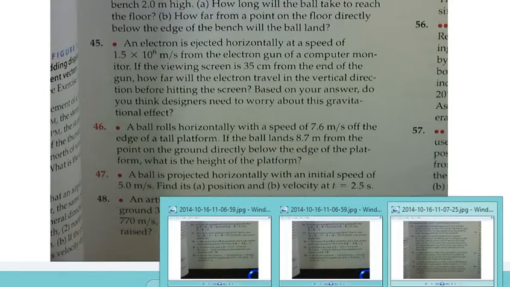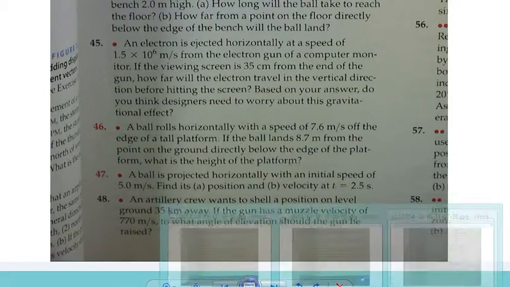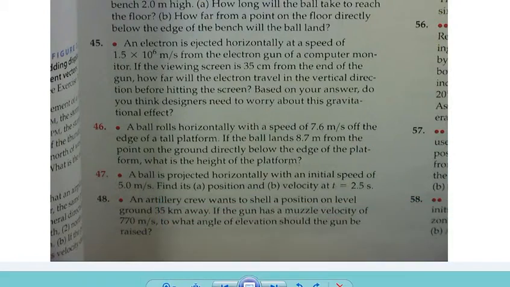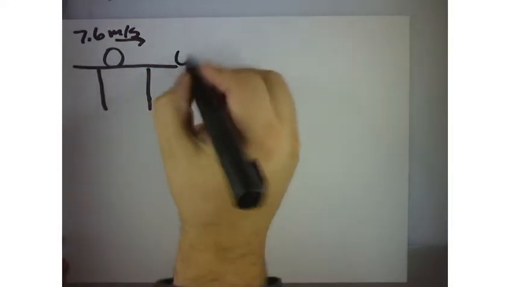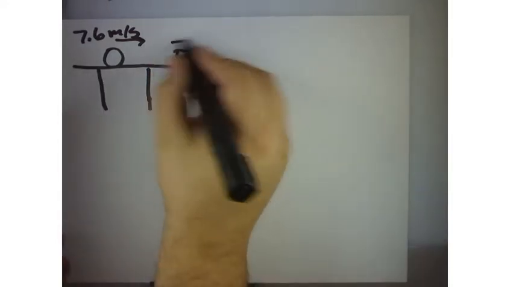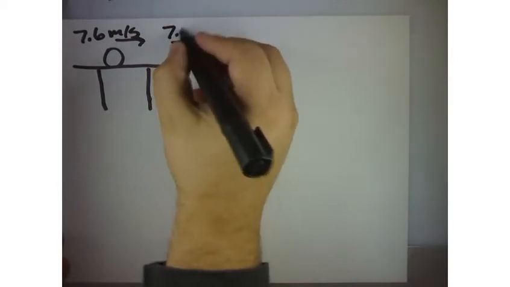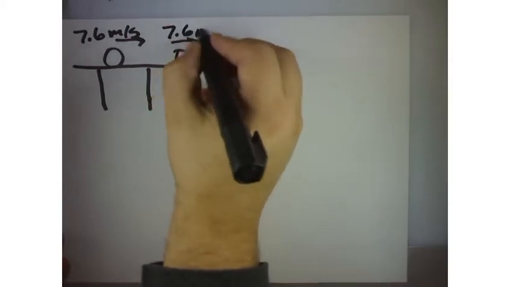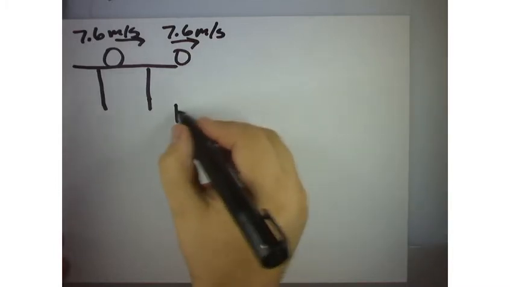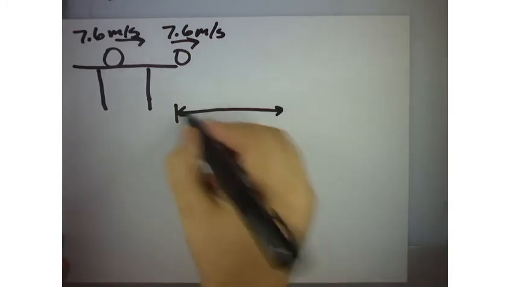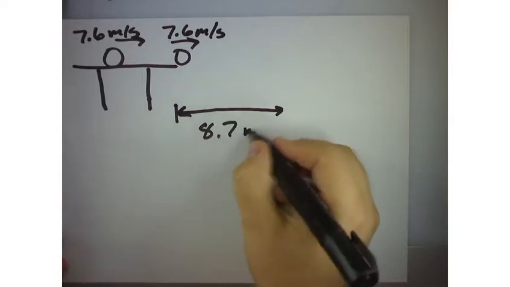And it lands 8.7 meters away from the platform. So this ball is here, and it's horizontal velocity is 7.6 meters per second, and so we'll say that it lands 8.7 meters away.